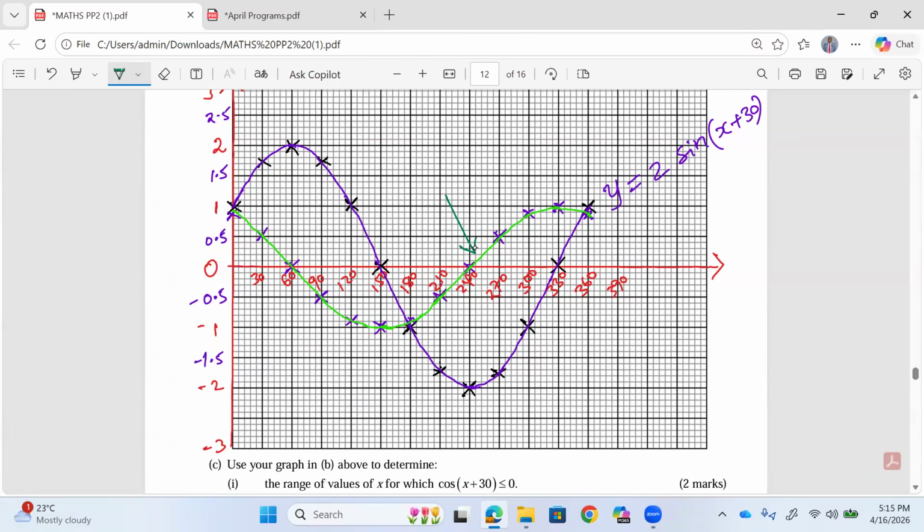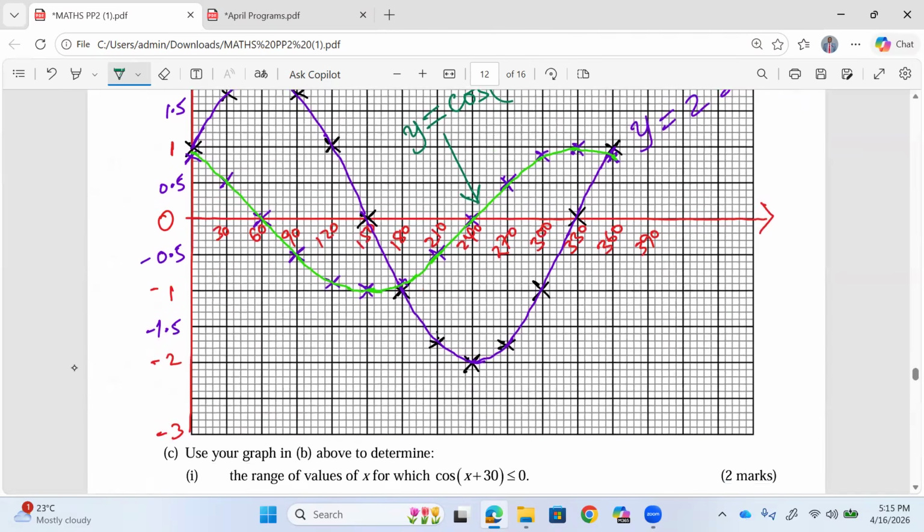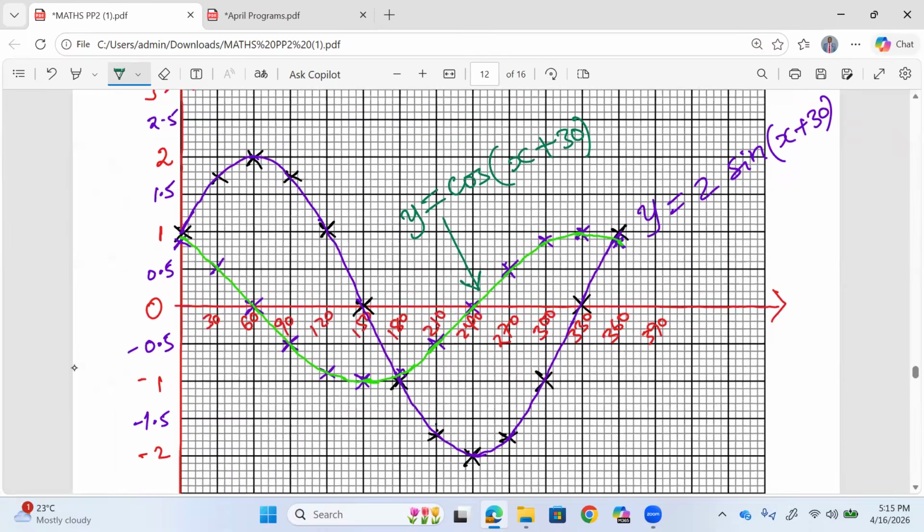So this curve here is curve y equals the cosine of x plus 30. Those are now the two curves plotted on the same Cartesian plane.